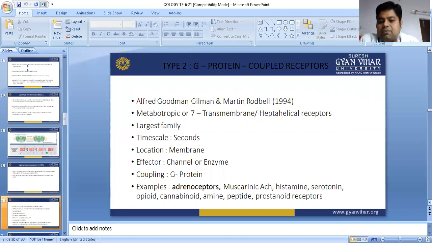Serotonin receptors are examples of G protein coupled receptors. Next are opioid receptors: mu, kappa, delta, all are examples of G protein coupled receptors. Cannabinoid receptors, amine peptides, prostanoid receptors. These are examples of GPCR.